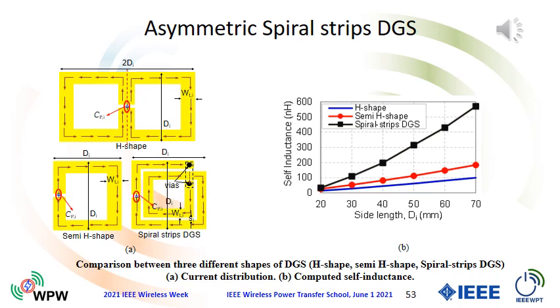Only one current path is found in the semi-H and the spiral strips resonators. The spiral strips defected ground structure resonator provides the highest Q factor among the others due to the increased self-inductance.